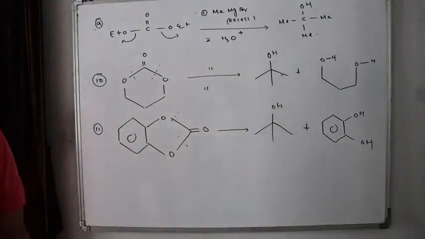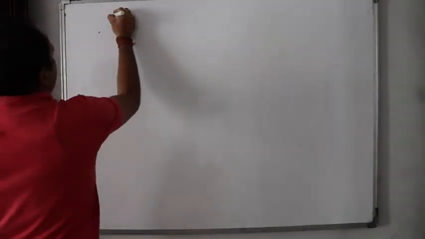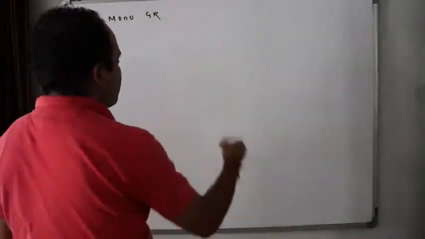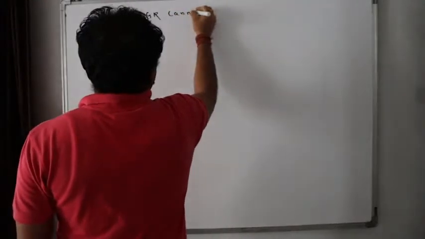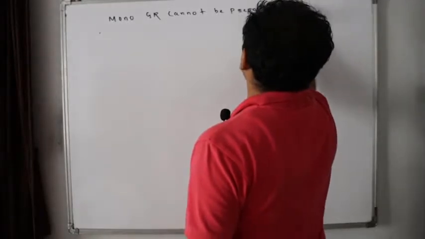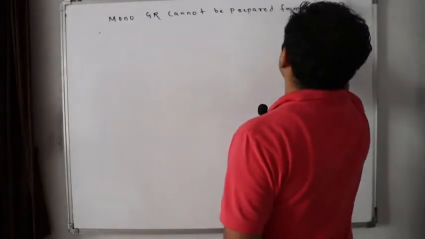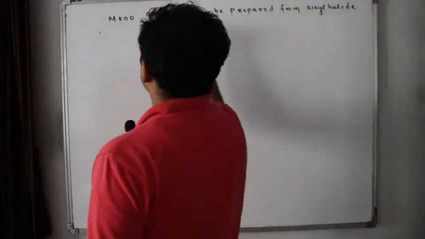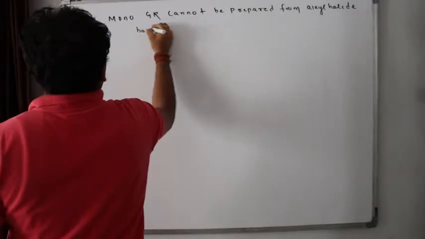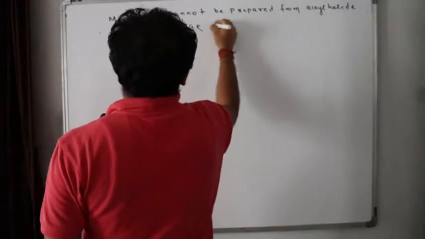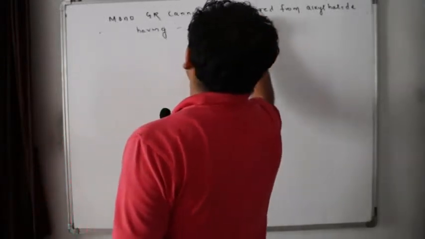Let us go for one more discussion. Next: a mono Grignard reagent cannot be prepared from an alkyl halide having a Grignard reagent sensitive group.